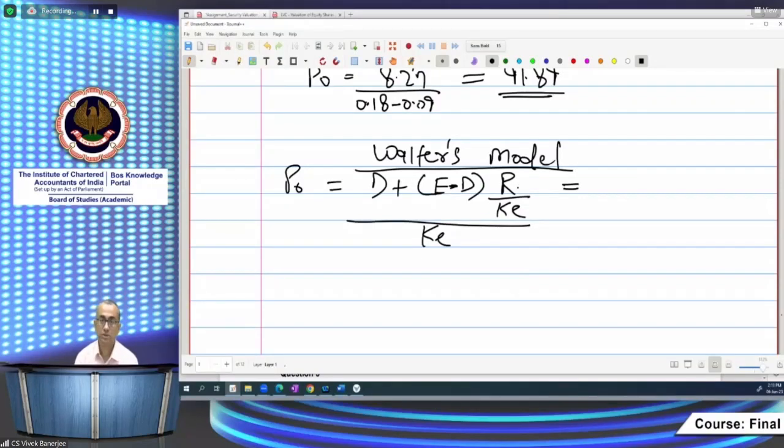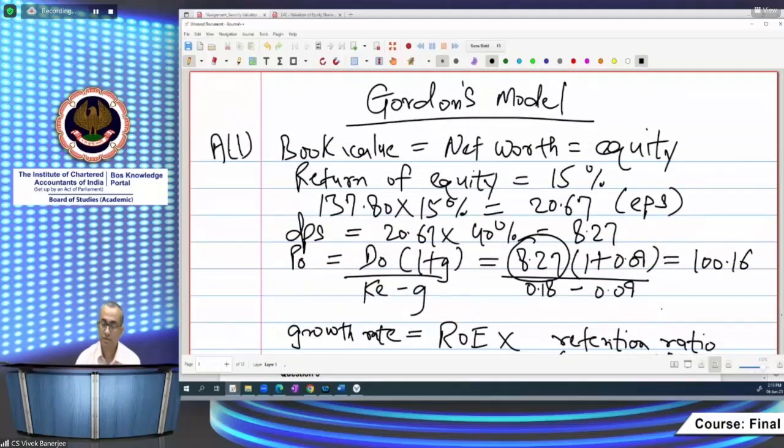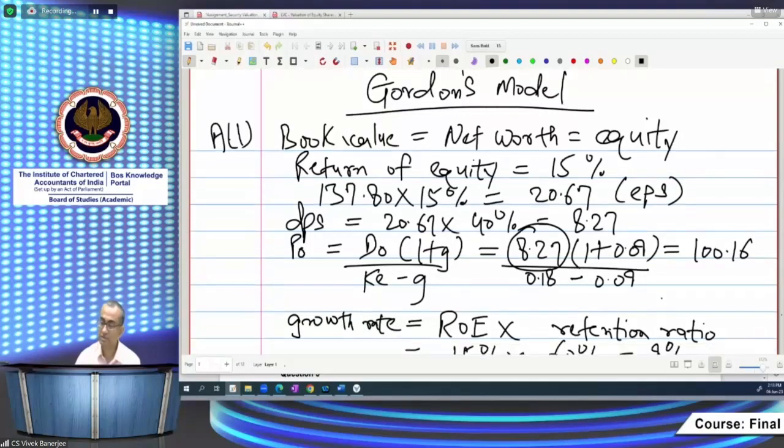So let us put the figures into the formula. Dividend we have already calculated, it is 8.27. E is earning per share, which we have calculated, 20.67.